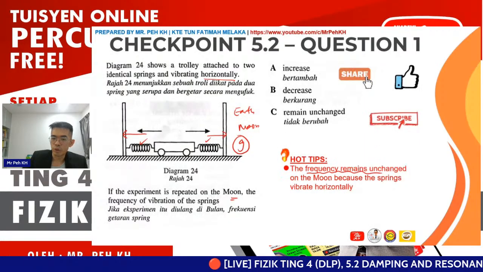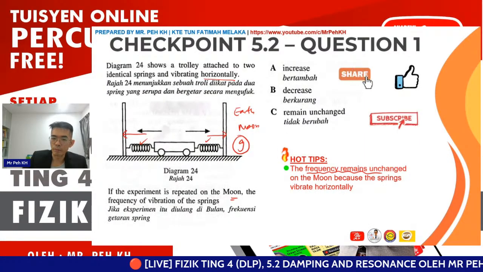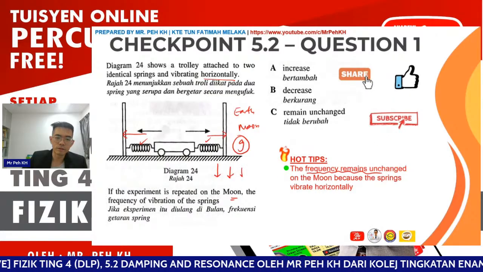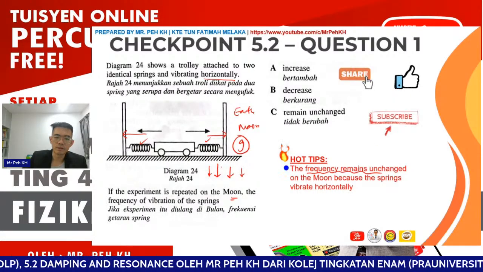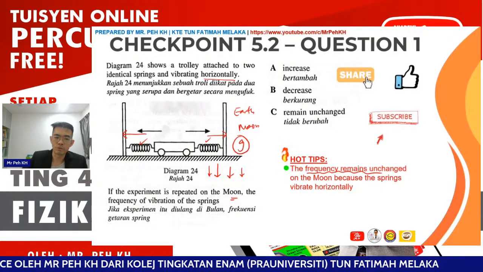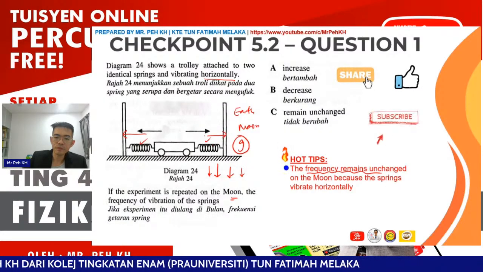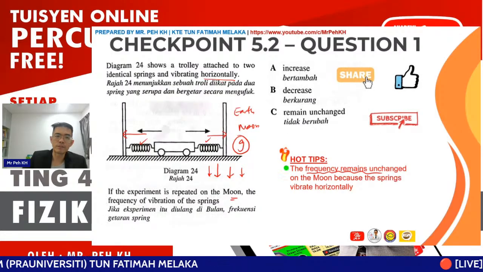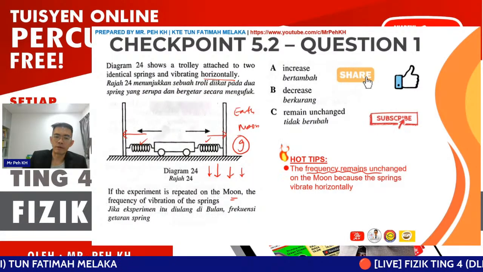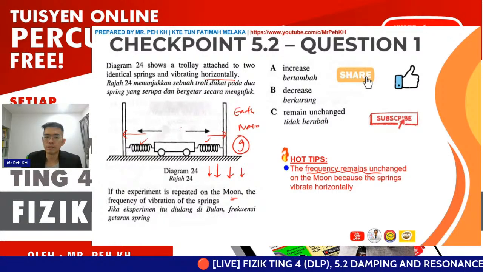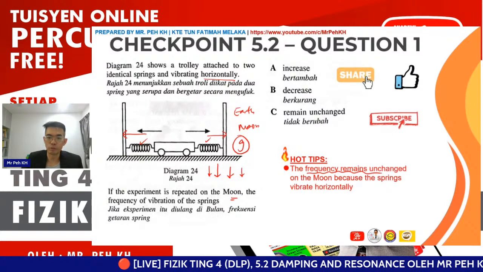On the moon, because the spring vibrates horizontally, g acts downward, towards the center of gravity. The experiment is conducted horizontally, so it is not affected by g, and the frequency remains unchanged.